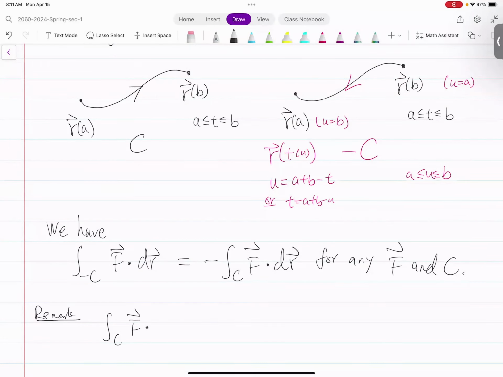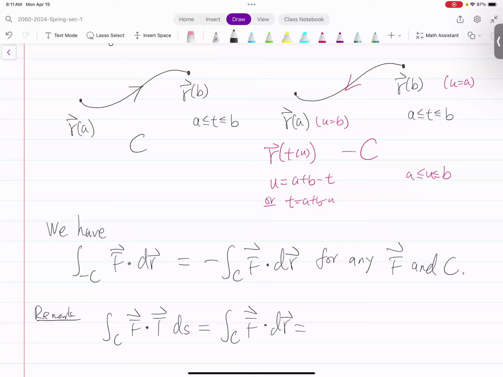Okay. So we know one way is we write F, the vector field, dotted with the unit tangent direction along the curve, accumulating with respect to arc length, right? And this is equivalent to F dotted with dr, right?